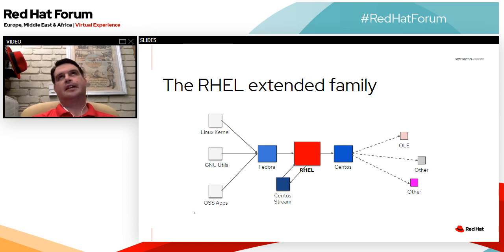So that results in a family of distributions which are compatible with one another. I mean, you can take a binary compiled in CentOS and run it on RHEL. It'll probably work. Of course, there's no RHEL signatures. It's not certified. We're not sure of any bugs that may have come in. You must remember that during the build process, there are bugs that get introduced. And so it doesn't carry any of the Red Hat or the RHEL certifications. It's merely compatible.